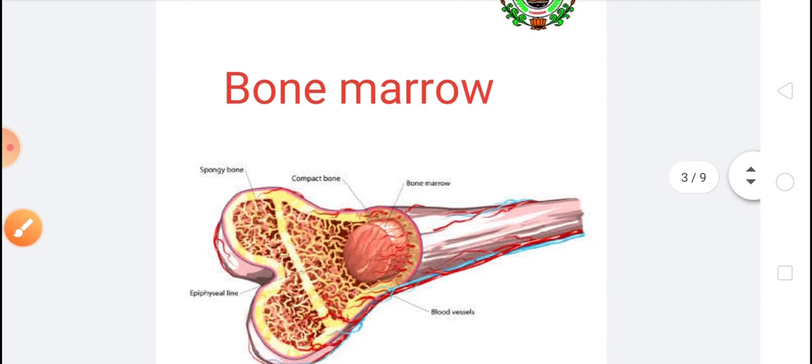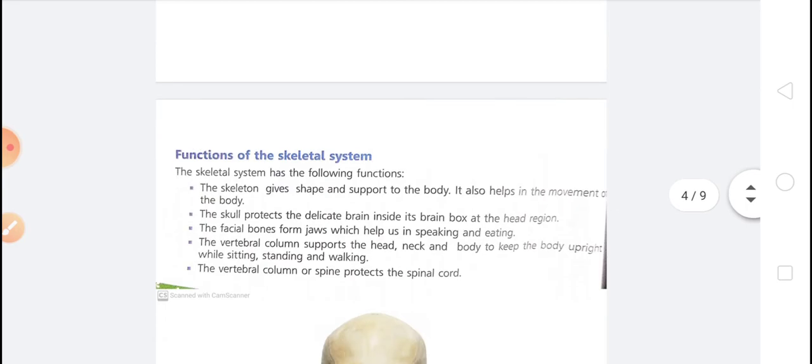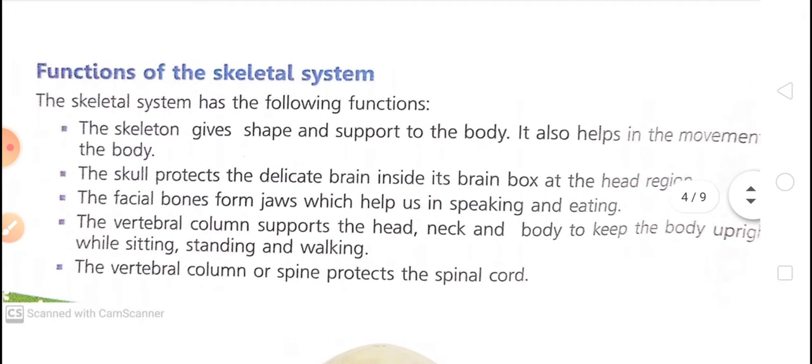It is called bone marrow, and that bone marrow helps to produce our blood cells, like red blood cells and white blood cells. Okay, so let's study the functions of the skeletal system. Our skeletal system gives shape and support to our body.